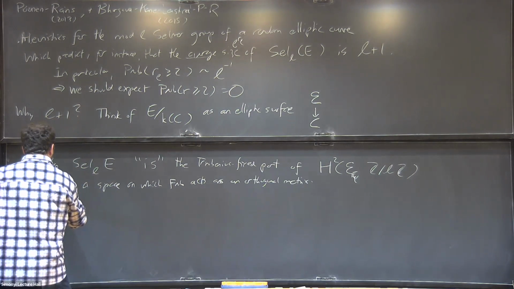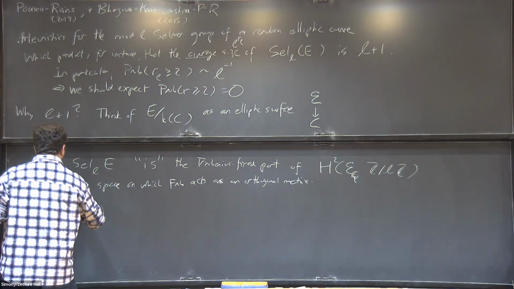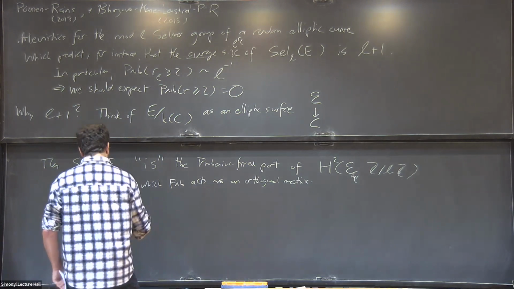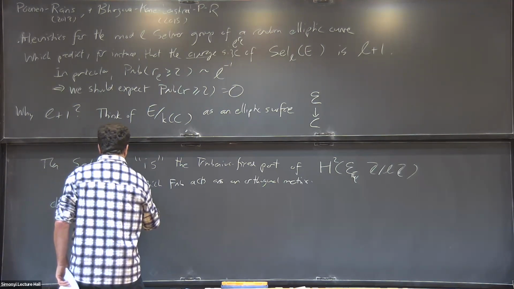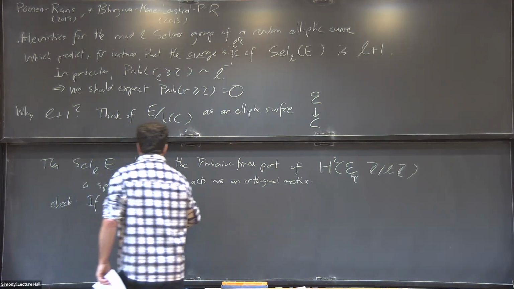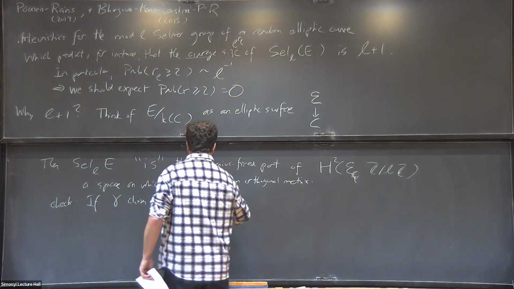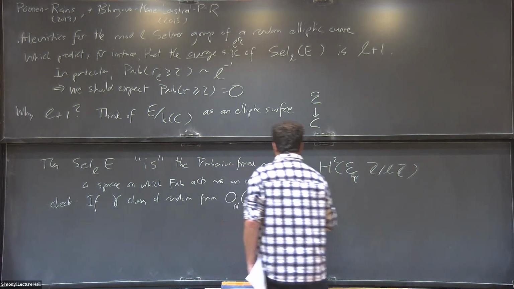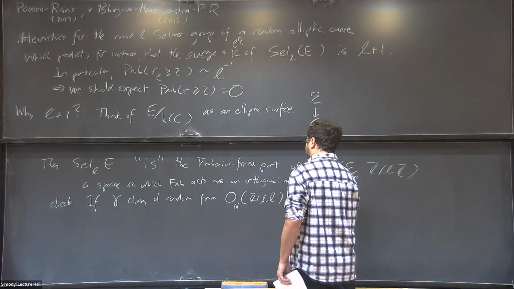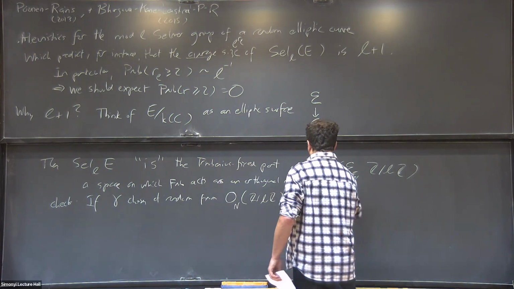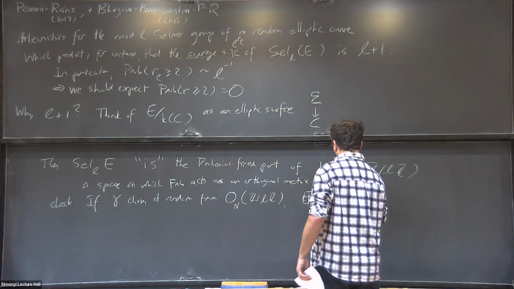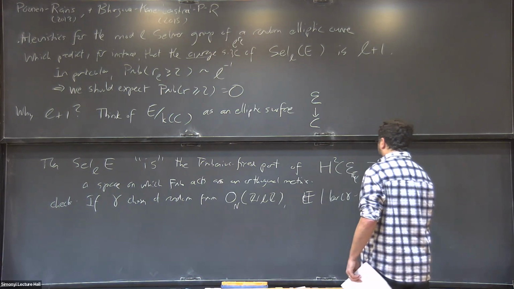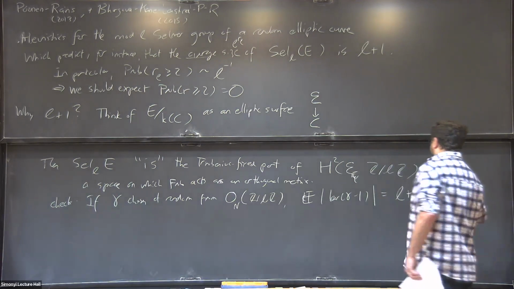So it's a fun exercise to check that if gamma is chosen at random from some gigantic orthogonal group over Z mod LZ, then the expected size of the kernel of gamma minus 1 is exactly L plus 1.